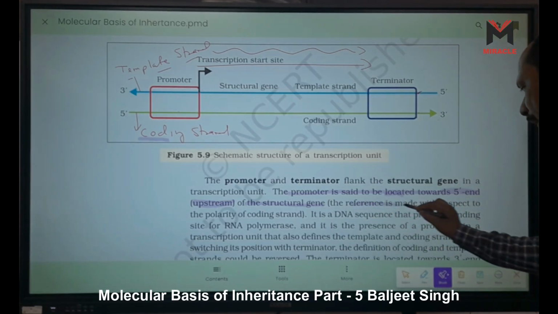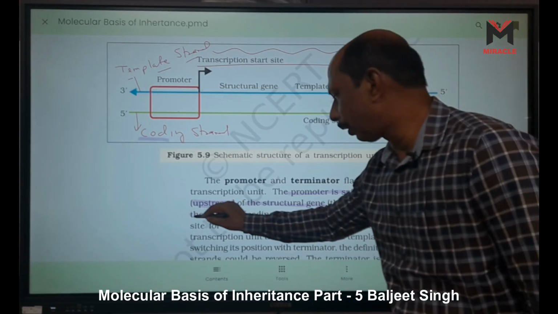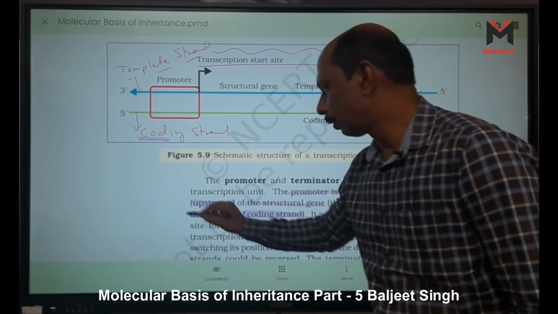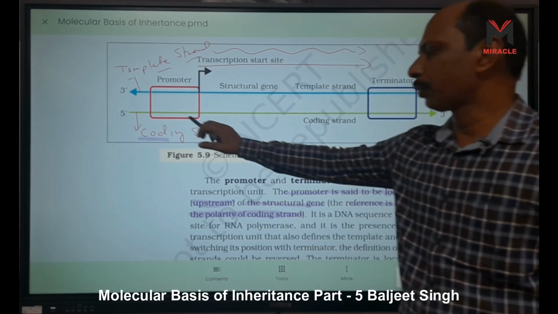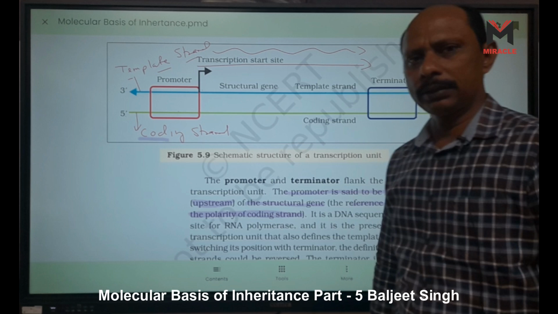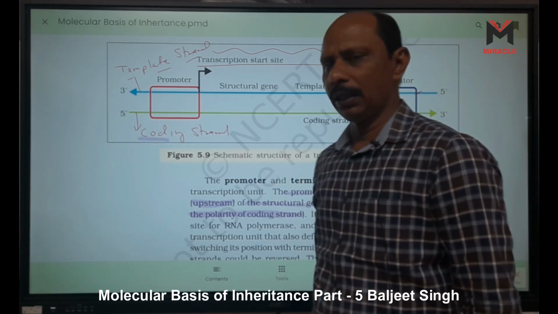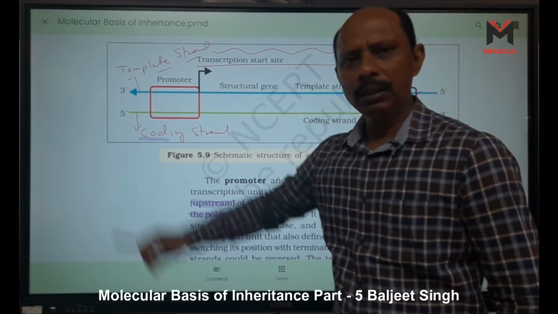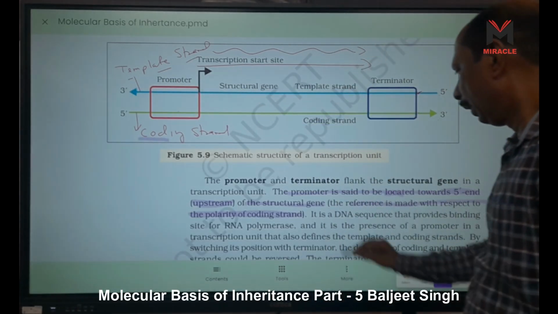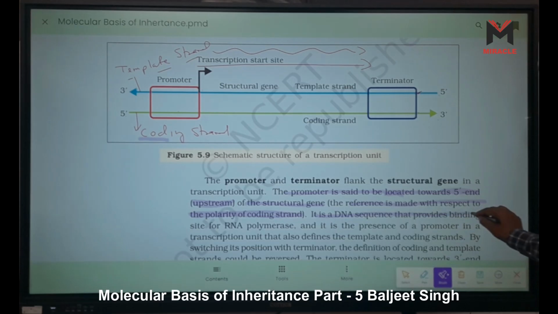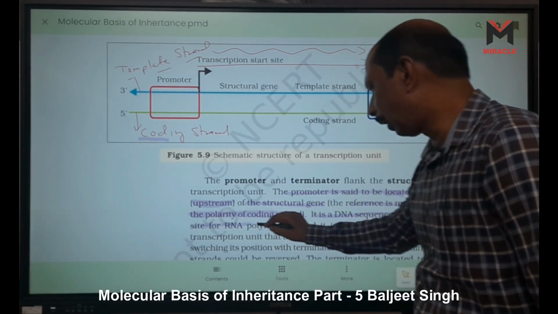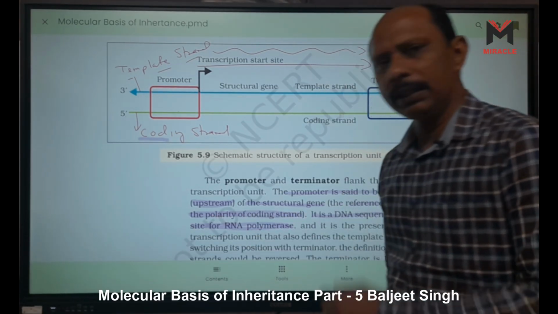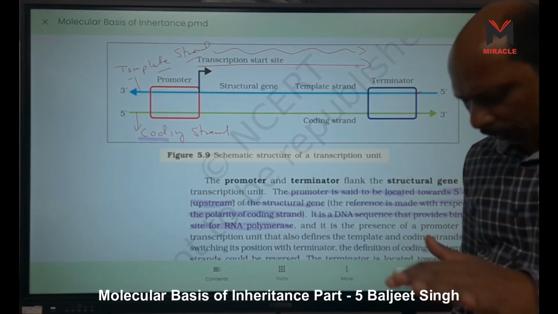The reference is made with respect to the polarity of the coding strand, that's why it is said to be toward the 5' end. And with respect to the template strand, it is toward the 3' end. It is a DNA sequence that provides the binding site for RNA polymerase, right?